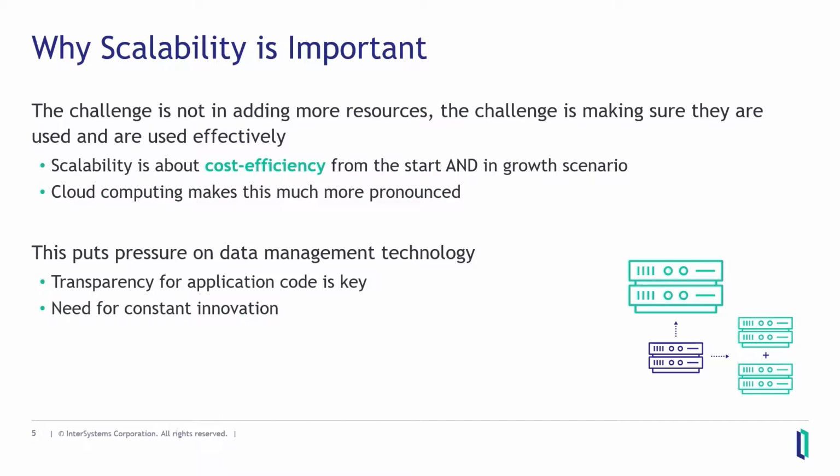You just spin them up. It's just a couple of mouse clicks or a run of the InterSystems Cloud Manager. So thanks to cloud, it's becoming even more beneficial to have a very scalable product because you can really size and be cost effective to support the users that you want to support.